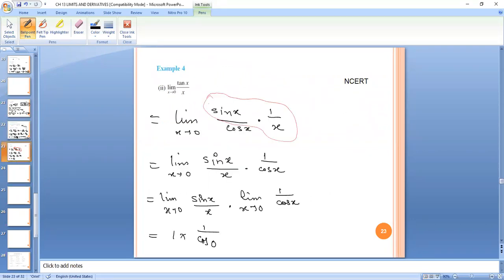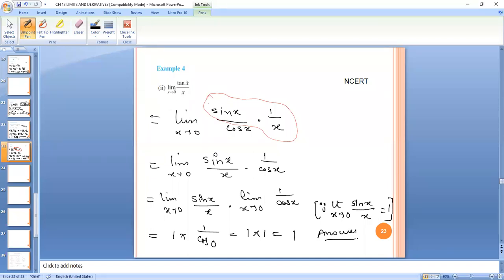Cos 0 is 1, so it will be 1 into 1 equals 1 as the answer. And you will mention the reason also, because limit x tending to 0, sin x upon x is equal to 1. So this is the way you will solve.